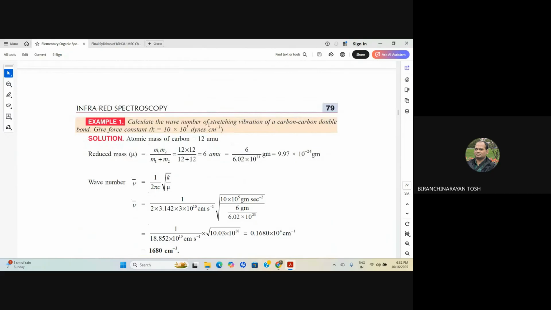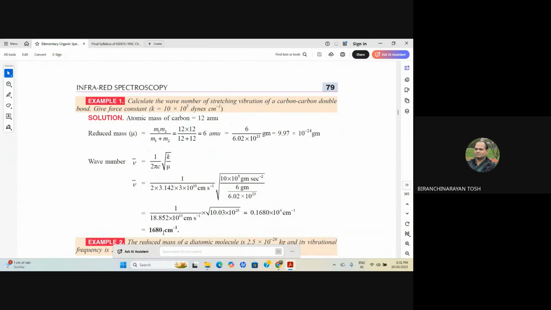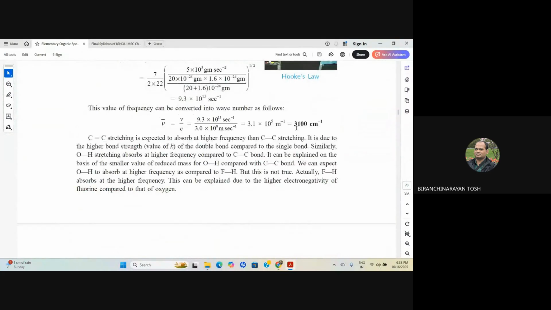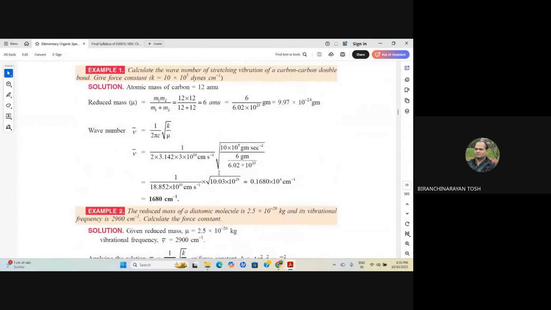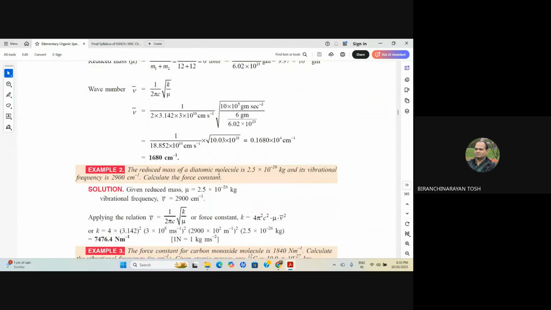Here you can see a carbon-carbon double bond. You go on calculating, you will get the vibrational stretching frequency at 1680. So around 1600 centimeter inverse, you will get a peak for carbon-carbon double bond. For carbon-hydrogen single bond, you will get a peak at 3100 centimeter inverse that we have discussed here. So similarly, you can find out by using this formula.